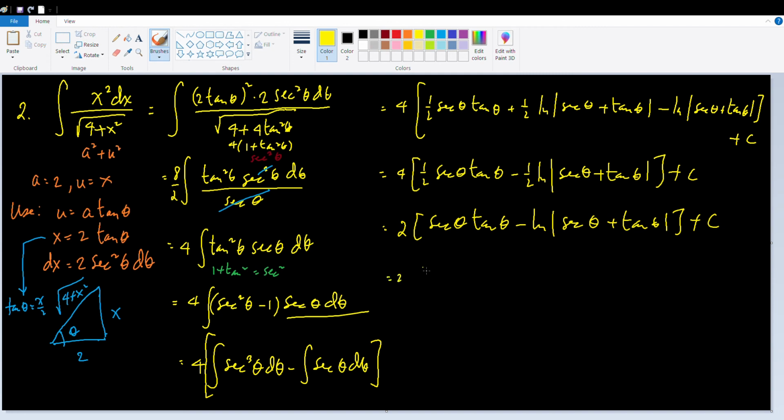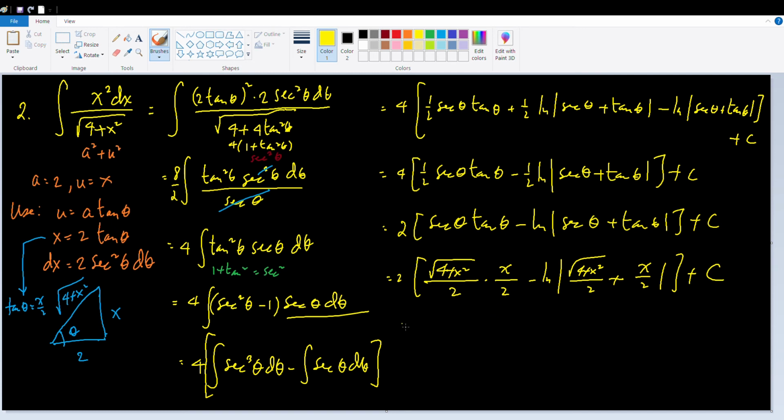So 2. Secant is hypotenuse, square root of 4 plus x squared, over adjacent 2. Tangent is opposite x over adjacent 2, minus ln absolute value of secant, square root of 4 plus x squared over 2, plus tangent, x over 2, plus c.